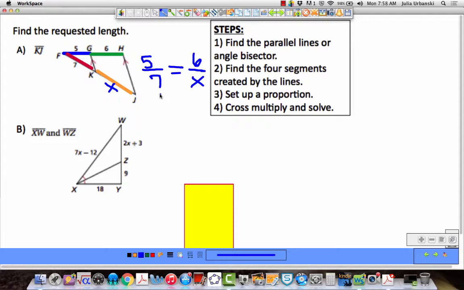So you have 5 times x equals 42, and x equals 8.4. Come on, this right here. Is it 8.4?